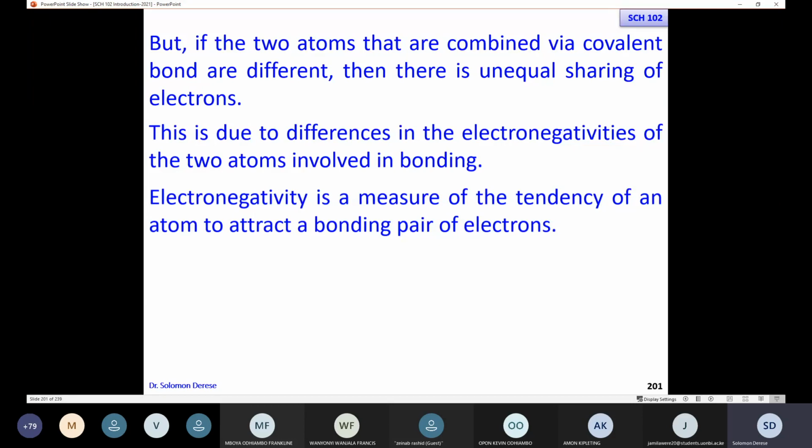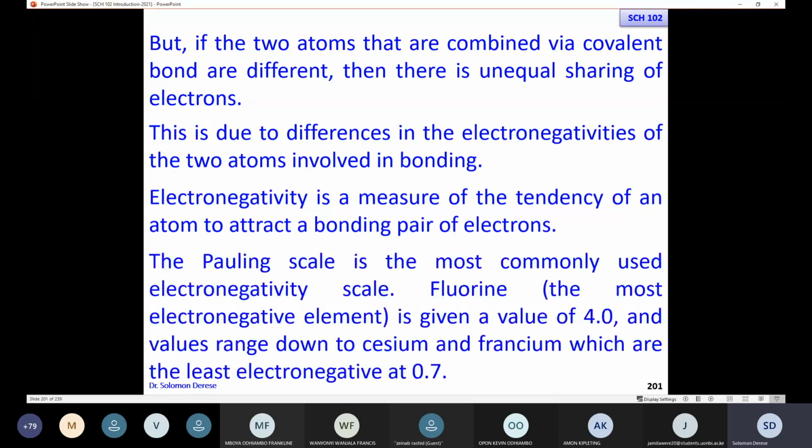That's what electronegativity measures. It measures the tendency of an atom involved in a chemical bonding to attract the electrons of the bond towards itself. So elements that are not identical will for sure have different electronegativity, different tendencies to attract the electrons of the bond towards themselves, resulting in a polarized bond.